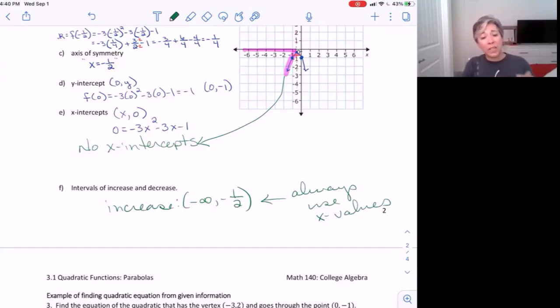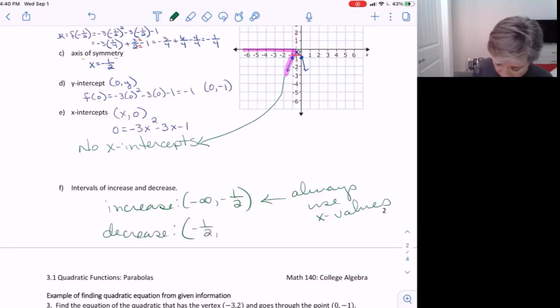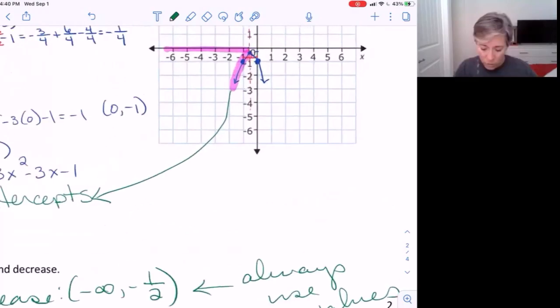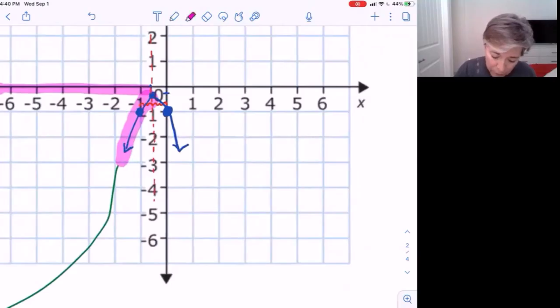Then it starts to decrease at that negative 1/2 going to the right. So we will say decrease from negative 1/2 to infinity. Again, from left to right, it's going down everywhere from that negative 1/2 out towards infinity. It's going to keep going down and down.